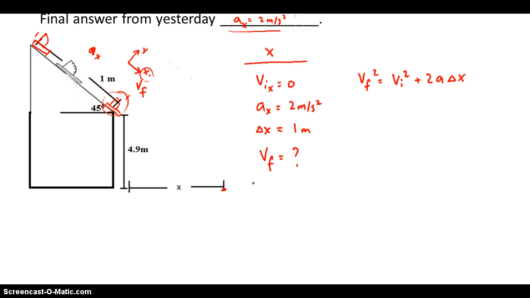So let's look here. We want to know what our final velocity is. Our initial velocity is 0. Our acceleration is 2 meters per second squared. And delta x is 1 meter.